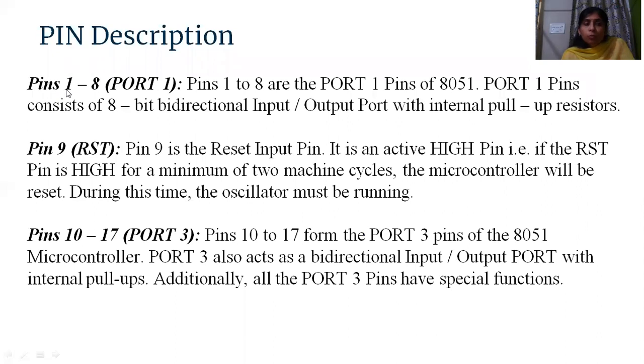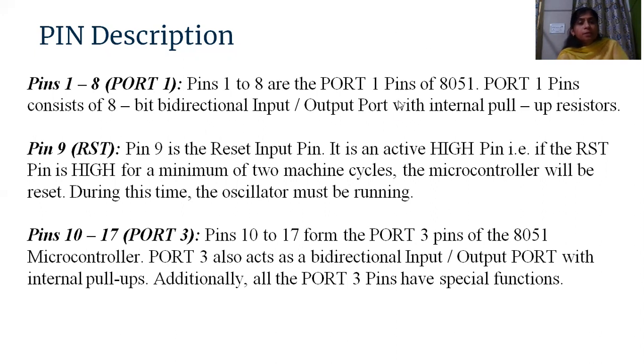As I have told you, pin number 1 to pin number 8 are port 1 pins. This consists of 8-bit bidirectional input and output ports for taking the output and giving the input to the 8051 microcontroller.